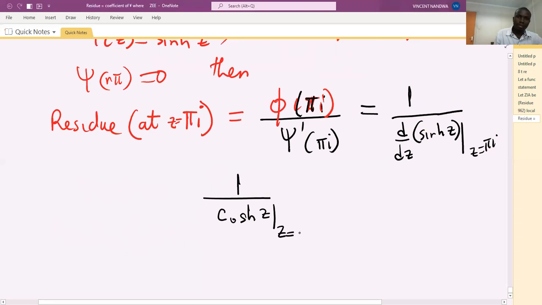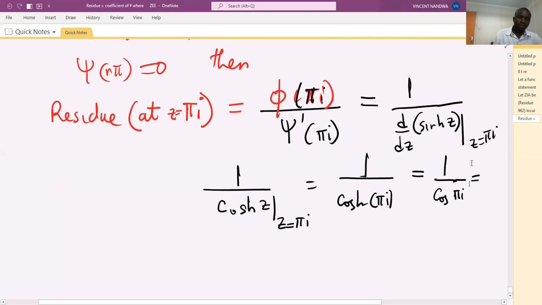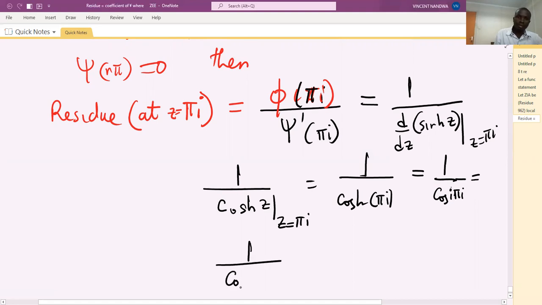This is the same as 1 over cos of i times pi i, which is cos of negative pi. So this will give me -1.